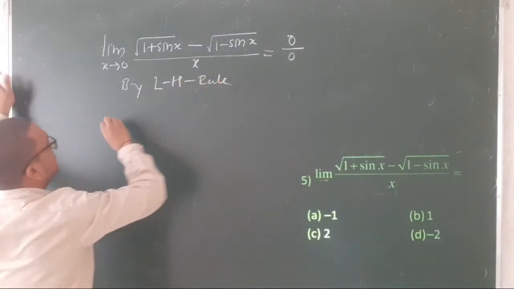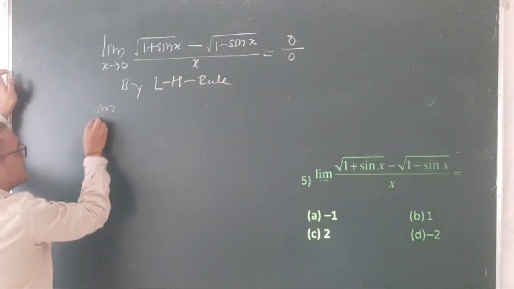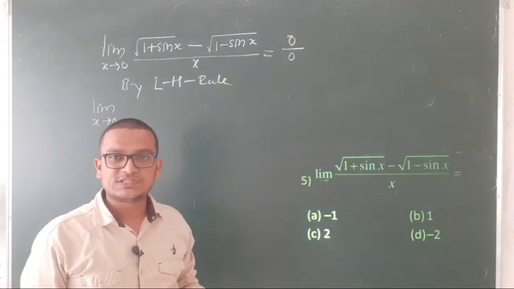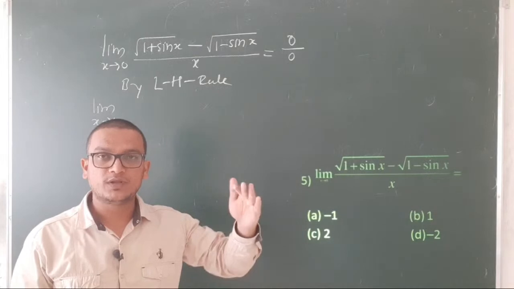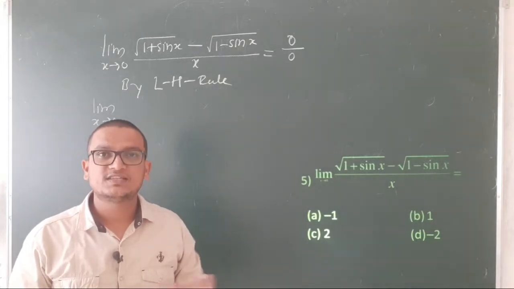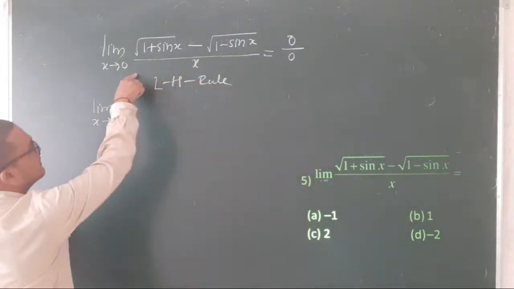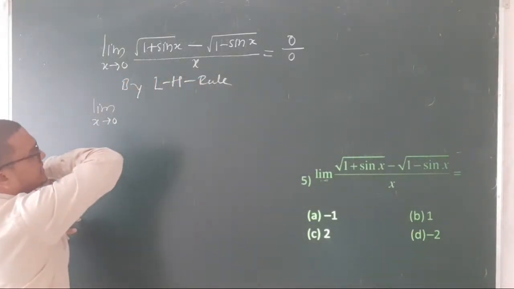By L'Hospital rule, limit x tends to 0. What this rule says is you have to differentiate the numerator and denominator separately. Let us differentiate the numerator first.